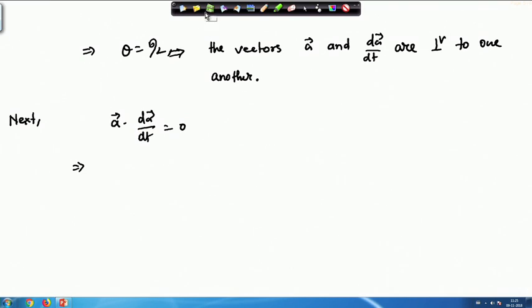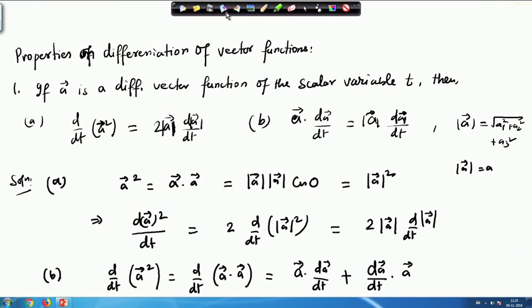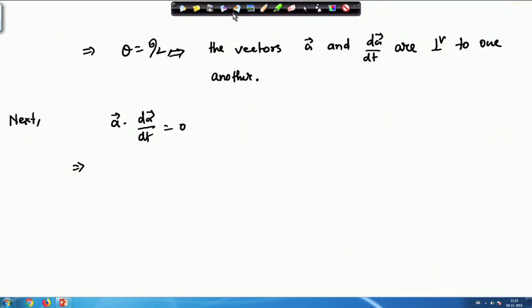If I go to the previous slide, this will be equal to vector A dot dA/dt.